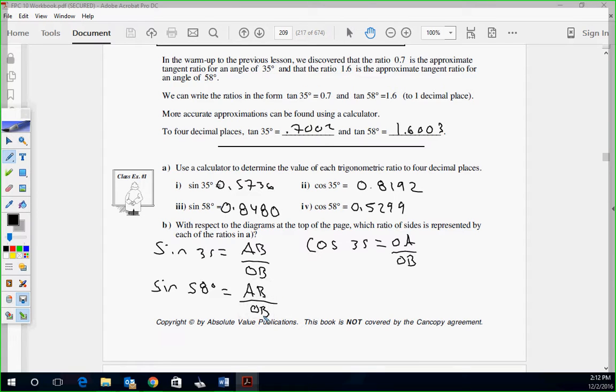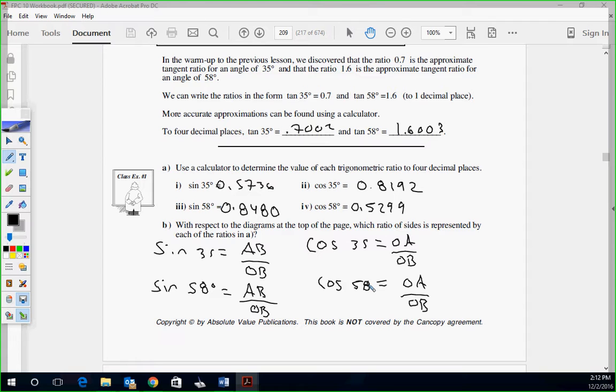Okay, and then lastly, cos 35 is OA over OB. Thank you, Teague. So it's the same ratio, but they're different triangles.